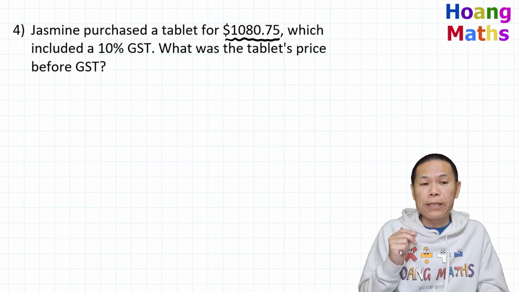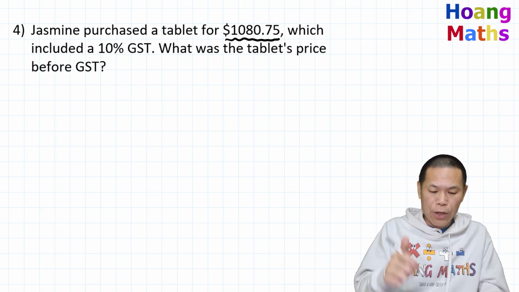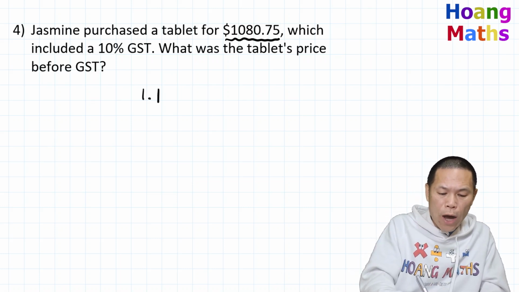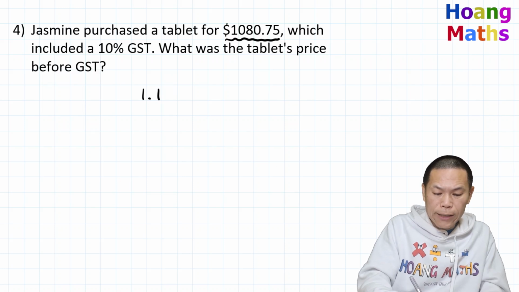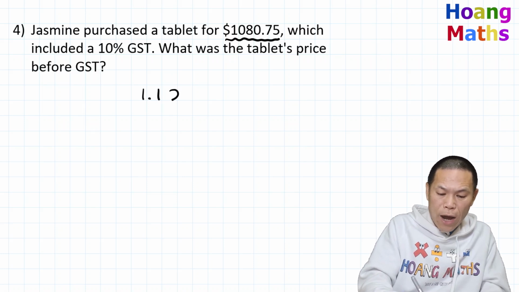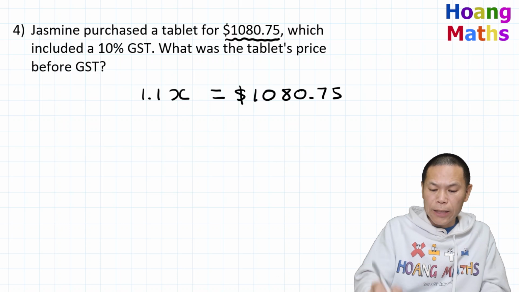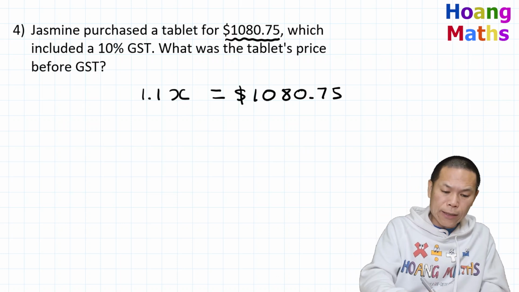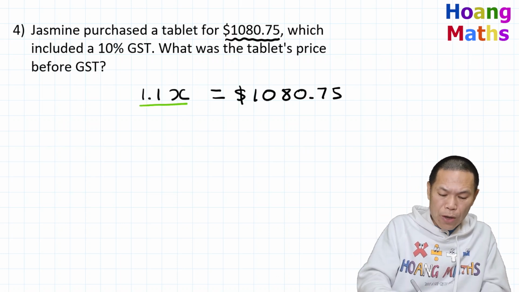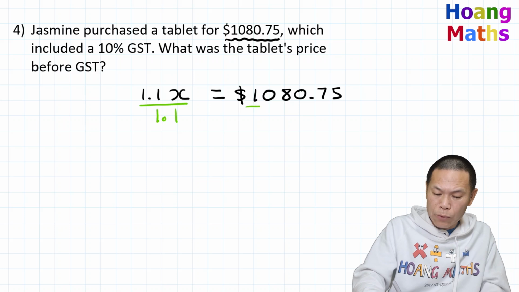So 110% means 1.1. So 1.1 times the price before GST will give us $1,080.75.